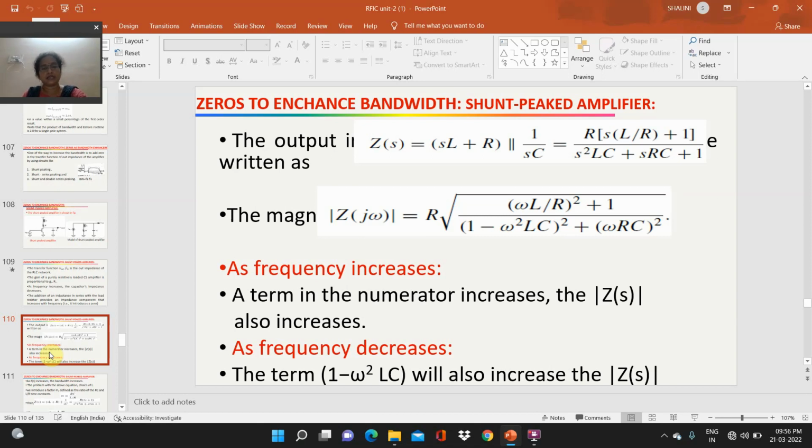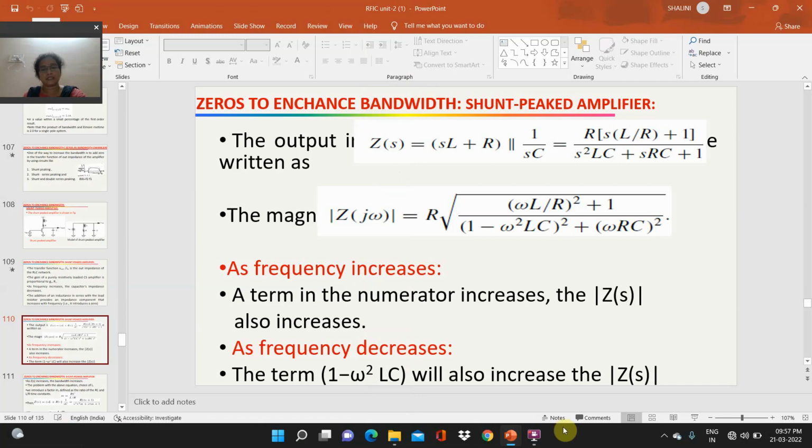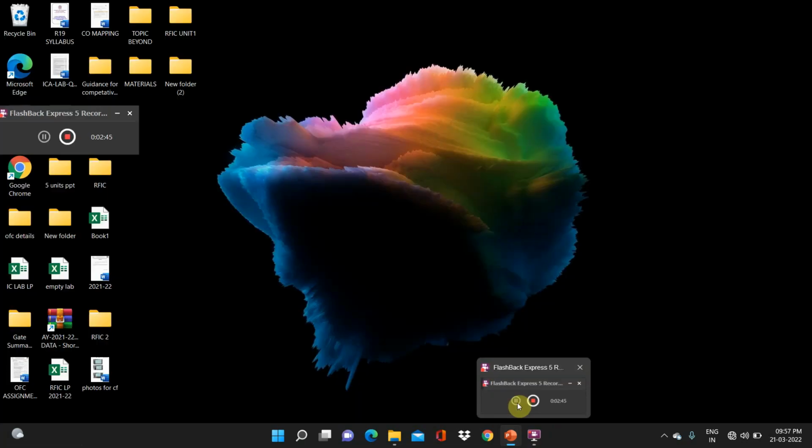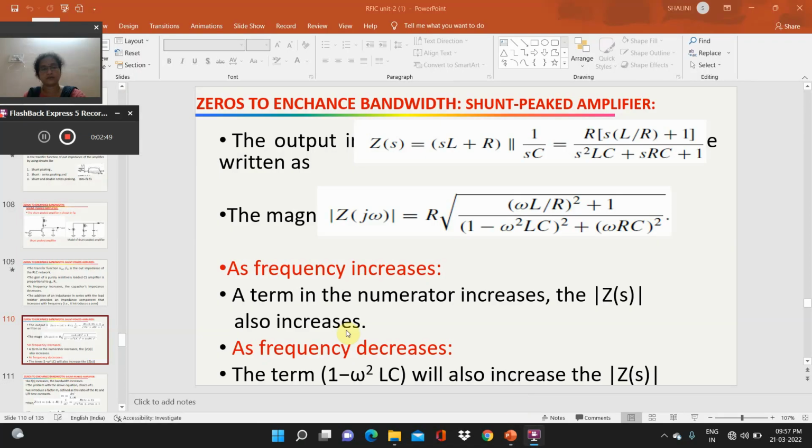As frequency increases, a term in the numerator increases, so Z of s also increases.